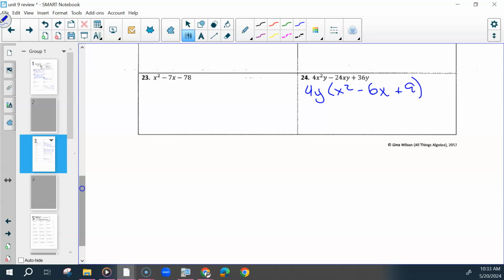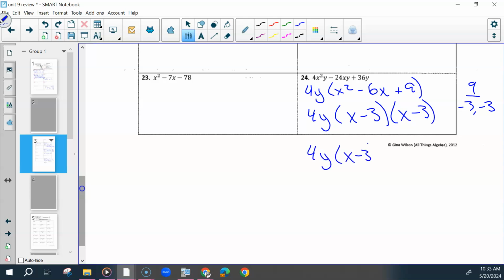So then it'll be very similar. We're looking for two numbers that multiply to be 9 but add to be negative 6. Yes, they would both have to be negative. Your two factors, x minus 3 and x minus 3, or you could put x minus 3 squared. Either or.